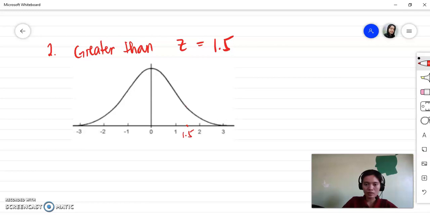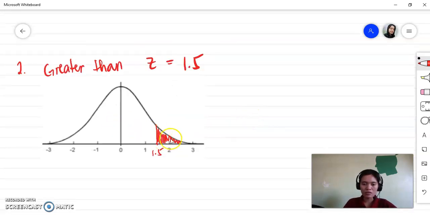Then draw a line through the z value, then shade the region. That's greater than z, which means to the right. In this case, since the shaded region is less than 50%, to get this area you're going to subtract. This is your 50%. Subtract the area from 0 to 1.5 to get this area.